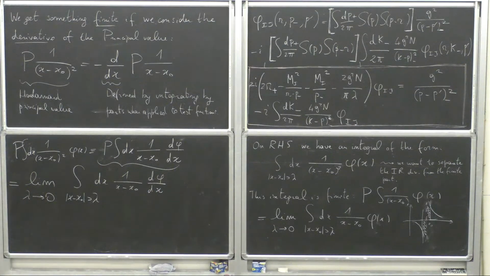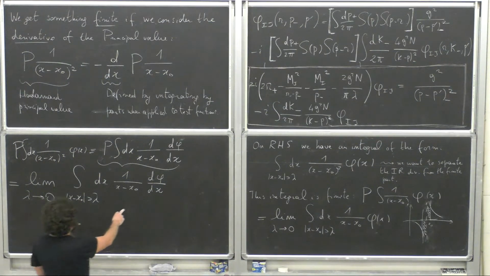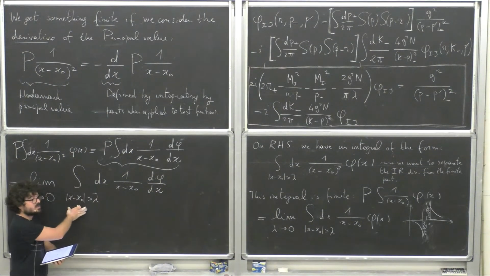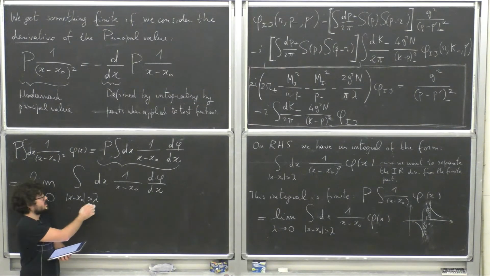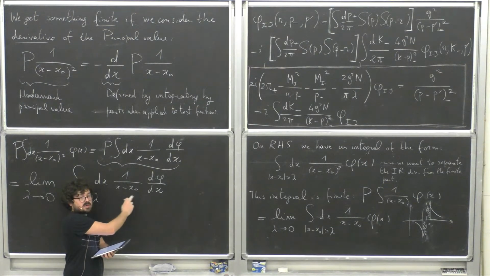Okay? So now maybe I will spare you this, but what we can do now is open this up, write it in two pieces, and in each of the two terms we integrate by parts, okay?